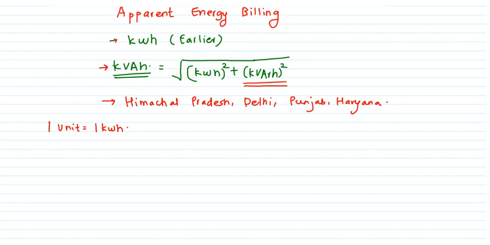But now probably this definition will be converted after some years, and 1 unit will be equal to 1 kVAH, because we have to pay for our reactive power consumption also. So this is the concept behind apparent energy billing.